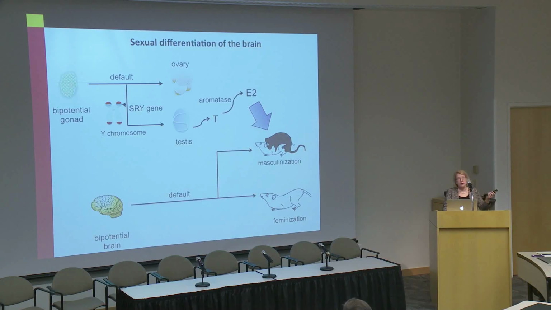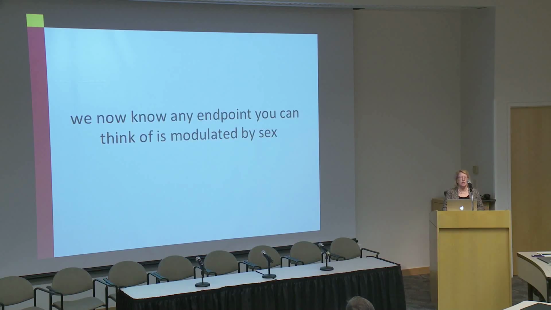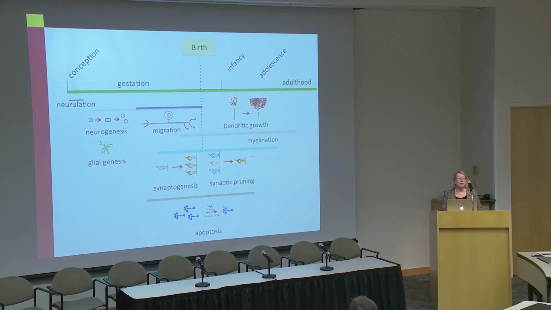Okay, so this is a great model of sex differentiation, but we now know that just about any endpoint you can think of is modulated by sex, and we've been making that point all morning. But when we think about the panoply of things that happen when the brain develops, starting with neurulation, I will say I don't think anybody has looked at the actual neural tube for sex differences, but very early on, neurogenesis, gliogenesis, neuronal migration, dendritic growth and myelination, synaptogenesis, synaptic pruning, and apoptosis are all influenced in some part of the brain at some time by gonadal steroids.